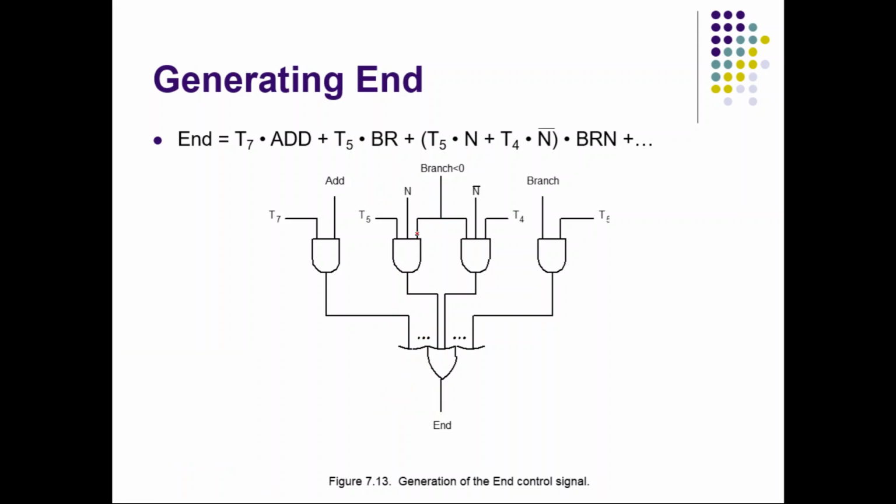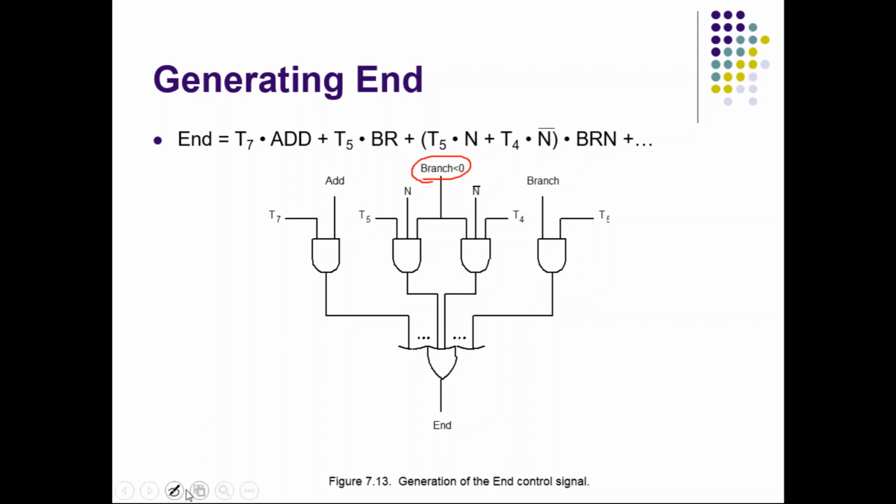It just says that if n is equal to 0, then the branch won't execute. If n is not equal to 0, then the branch will execute.